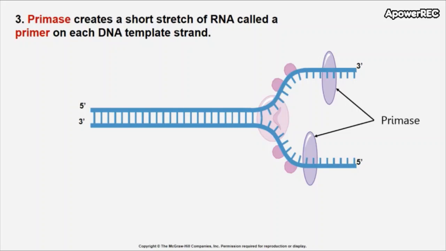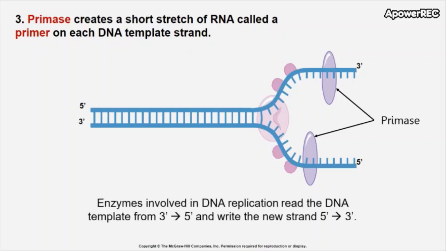And so it reads in the opposite direction because these two strands are anti-parallel. It must start from the 3' end and move to the 5' end in its reading. So enzymes involved in DNA replication always read the DNA template from 3' to 5' and write the new strand in 5' to 3'.